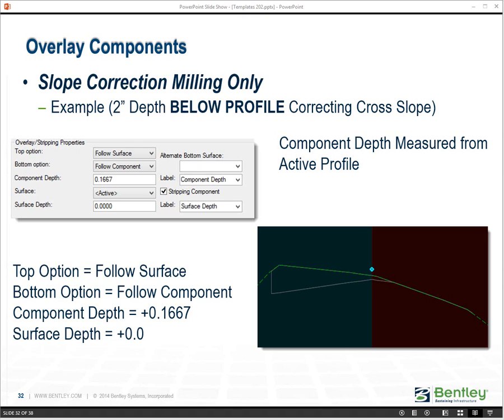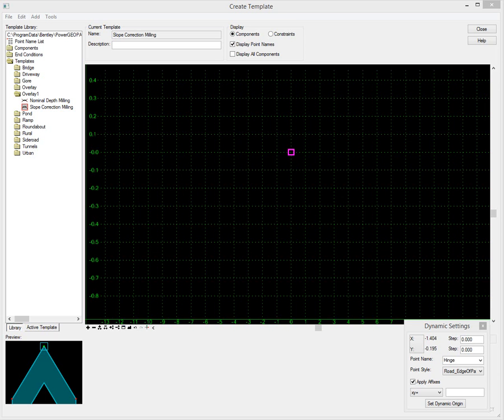But when the component depth falls above the active surface, it will just trace the active surface. And so you will see here in this situation that we have milling, crown correction milling up until this point. And then once the component depth falls above ground, we simply follow the surface along the bottom at that point. So there's no more quantity calculation, if you will, in that location. And so what we want to do then is apply these to our next template.